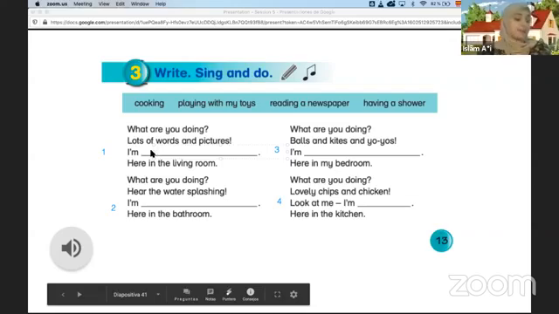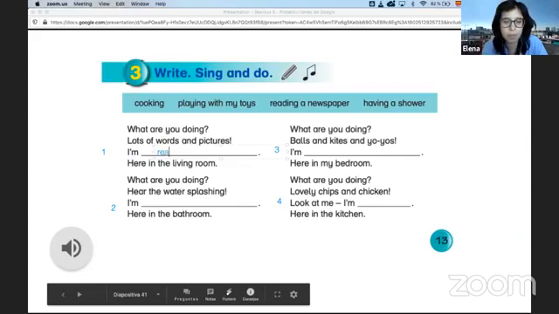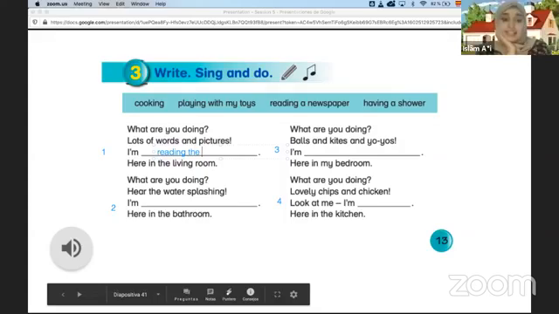Okay, now I get some answers here in the comments. Sally says the first one is reading a newspaper, but how do you know that? Yeah, excellent, Elena, reading the newspaper. But I am asking, how did Sally know the answer?